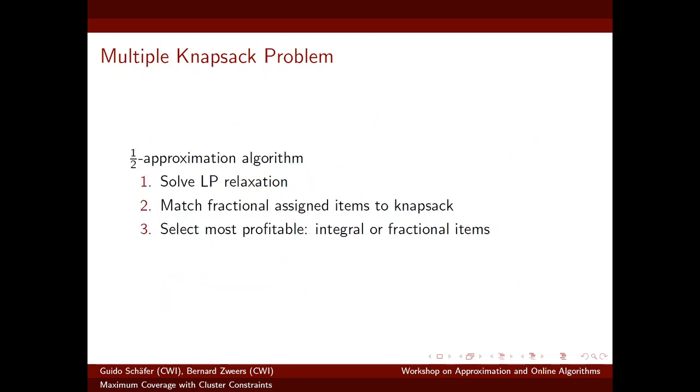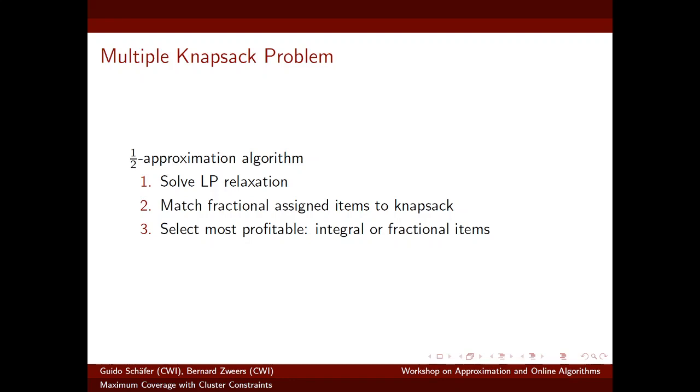And with that, it's straightforward to derive a half approximation algorithm for the multiple knapsack problem. First step, you solve the LP relaxation. Second step, you match every fractionally assigned item to a knapsack, and that's then the only item assigned to that knapsack. So integrally, that's a feasible solution.